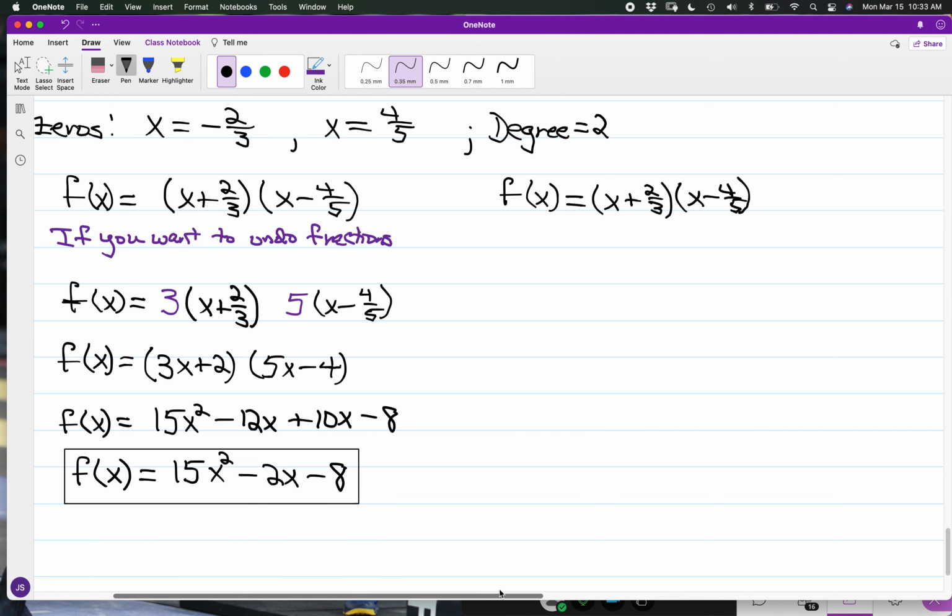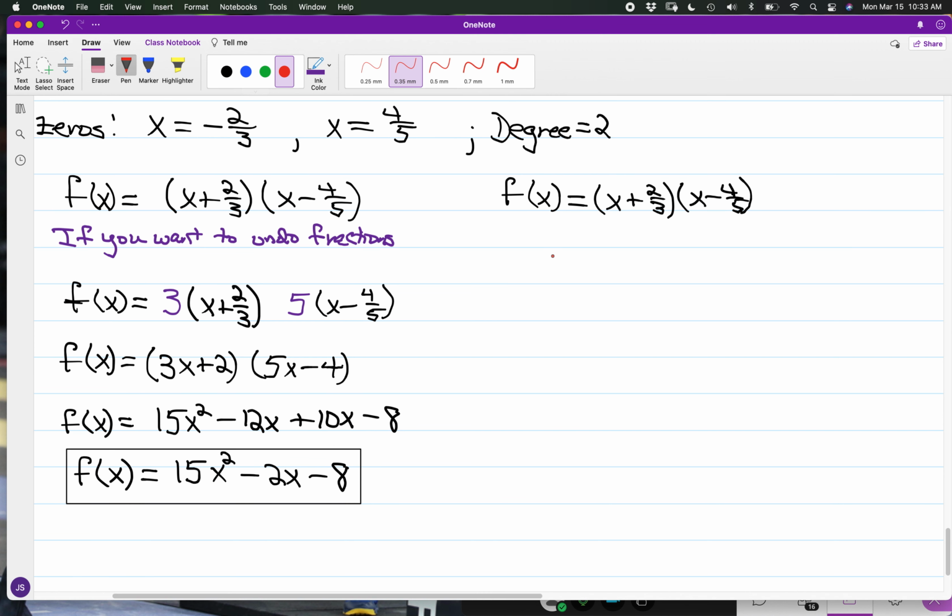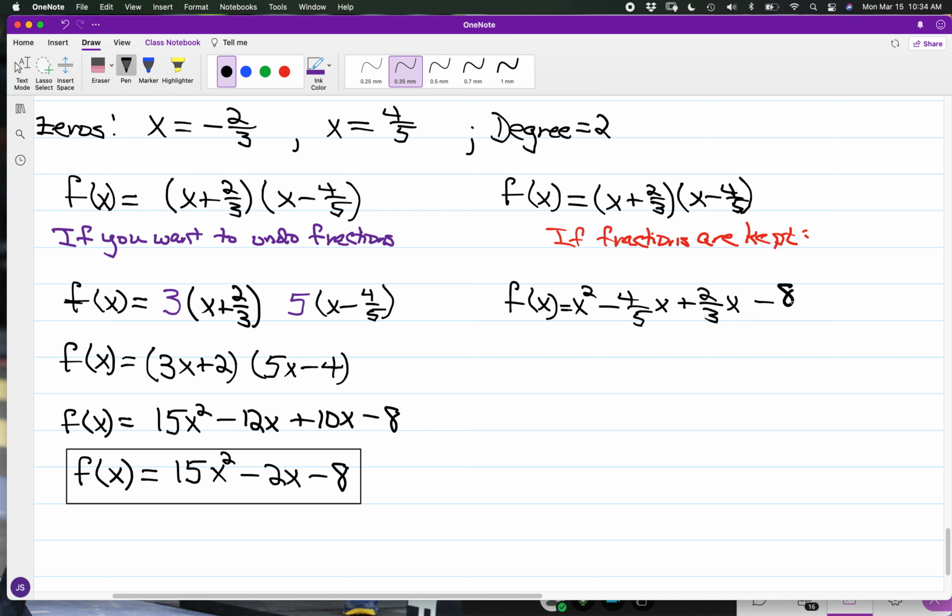Now, if you keep the fractions, I like to undo fractions, but if you were to keep them, we have x squared, we have minus 4/5 of x, and we have plus 2/3 of x, and 2/3 times negative 4/5 is going to be negative 8/15.